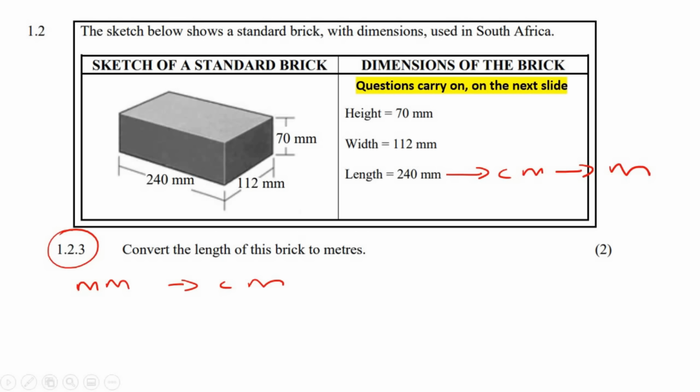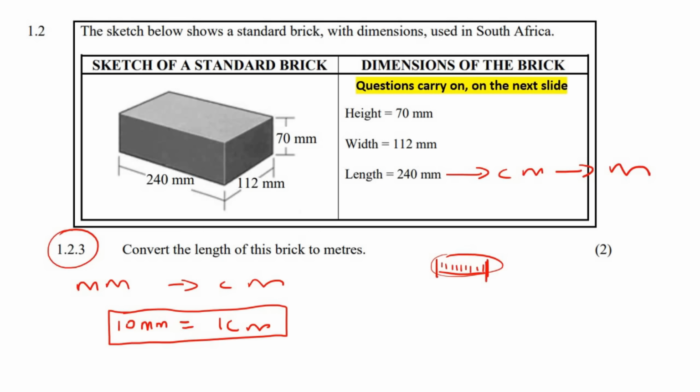So we need to know the conversion. If you look on your ruler quickly, if you have a ruler next to you, you know a centimeter, right? A centimeter is like that long over there. So that's 1 centimeter. Now, inside that centimeter, if you look on your ruler, there's these little lines, and those are called millimeters. There are 10 of those in 1 centimeter. So there's what we can remember. 1 centimeter is the same as 10 millimeters.